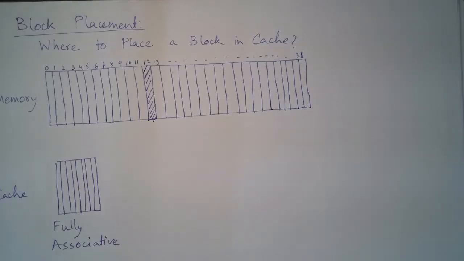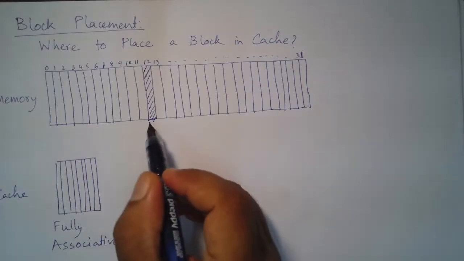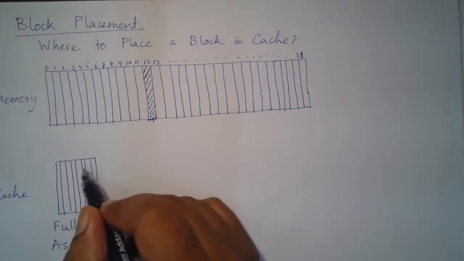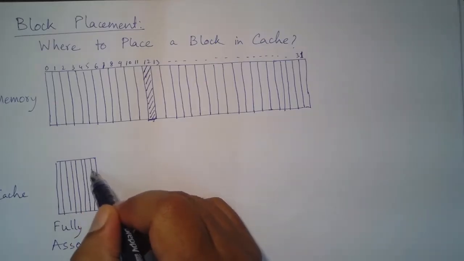because you have to understand how it makes a difference. Now in case of fully associative cache, I can decide that I will place the block in a block which is, let's say, unused.